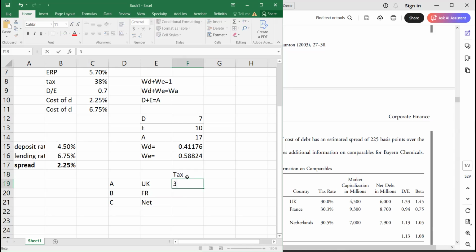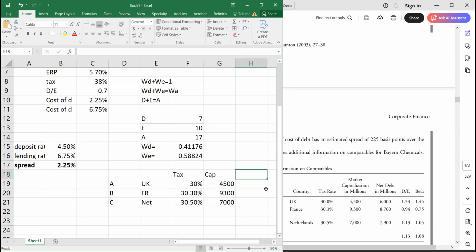The tax rates are 30% for the UK, 30.3%, and 30.5%. And we have market capitalization in millions: 4.5, 9,300, 7,000.